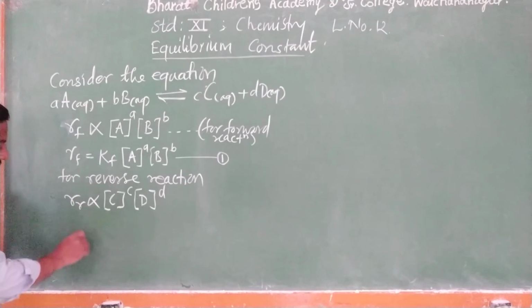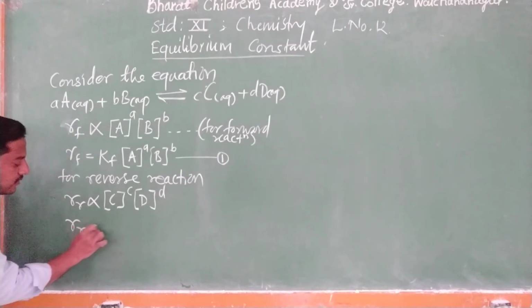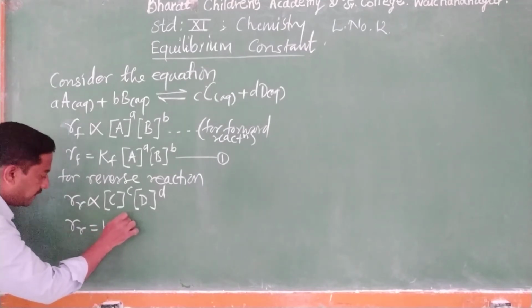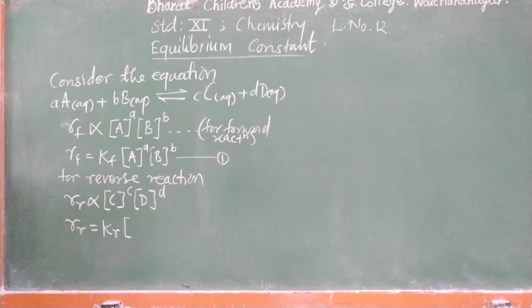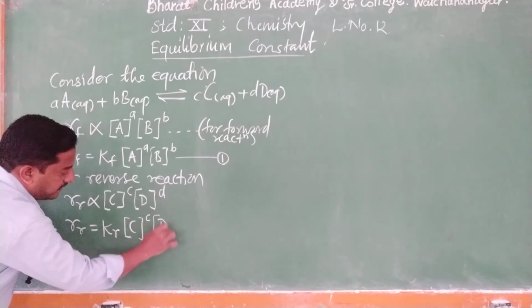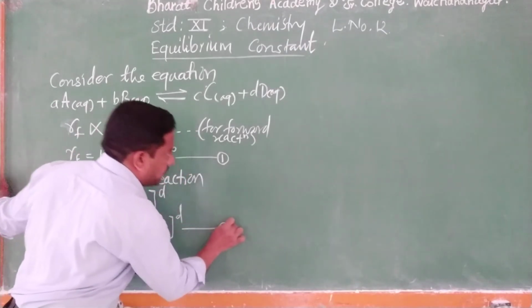If you want to remove the proportionality sign, then you should take the constant, and that constant you can call Kr, the rate constant for the reverse reaction. C raised to c and D raised to d will remain as they are.